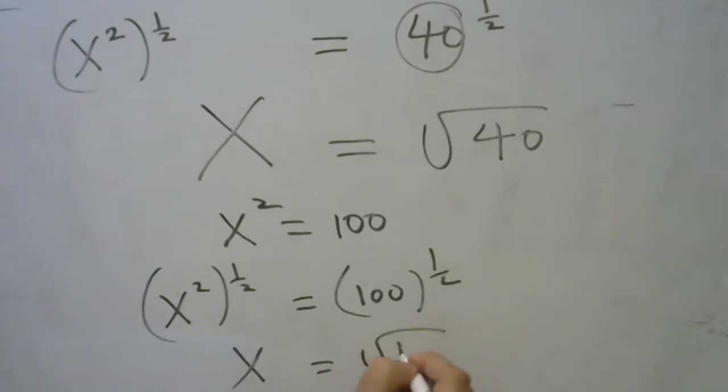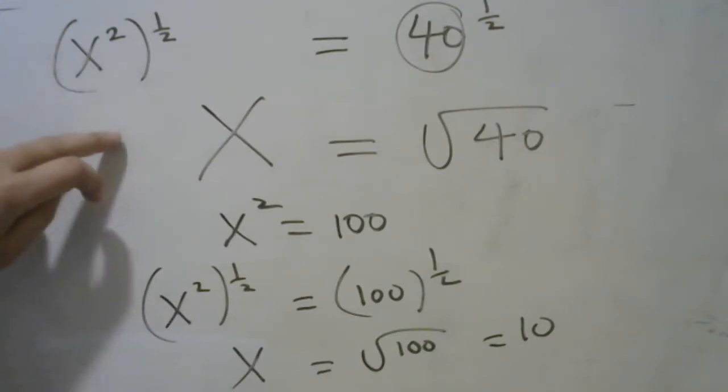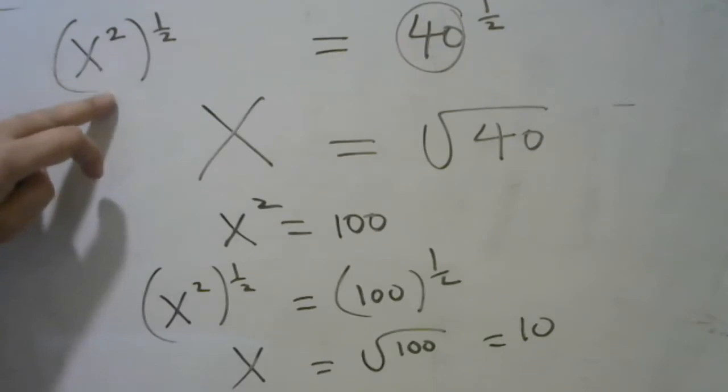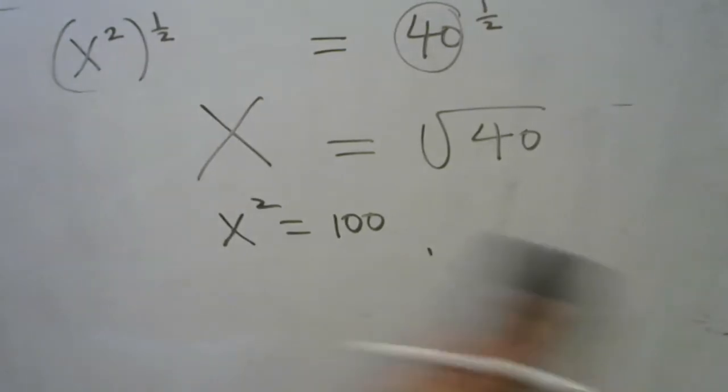This becomes the square root of 100, which is 10. So if you have the square of something and you want to find that variable, you have to multiply by half, right? Now it's like a rule here.